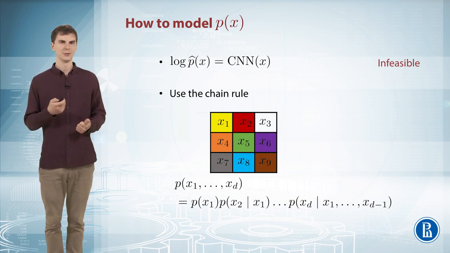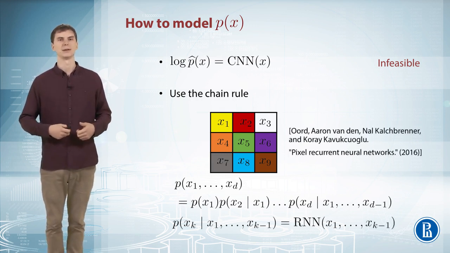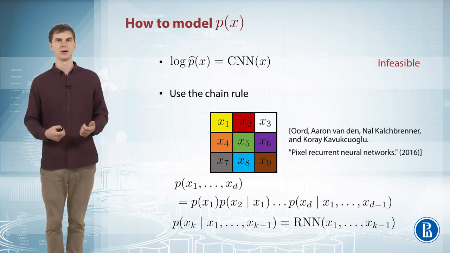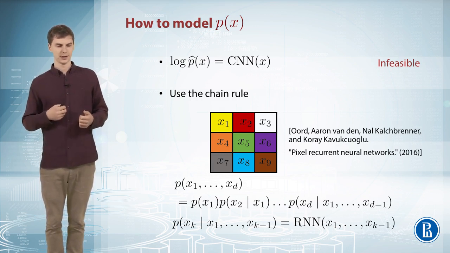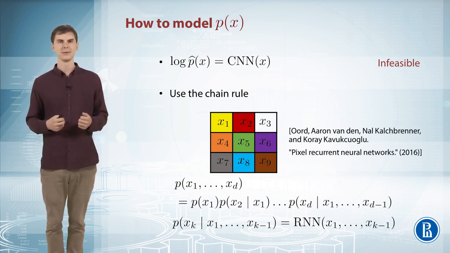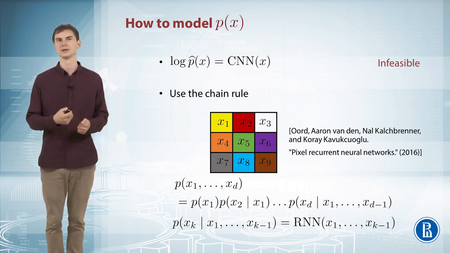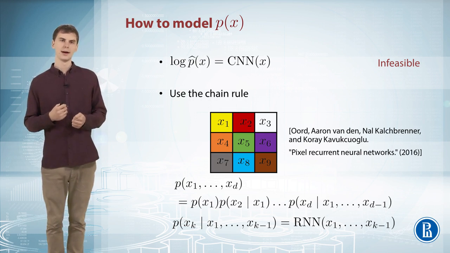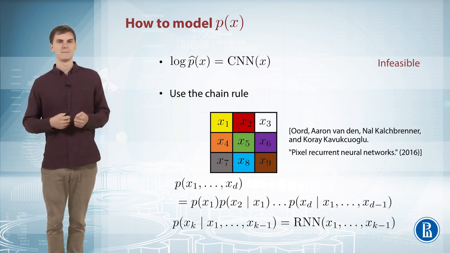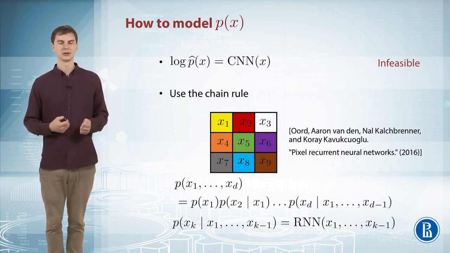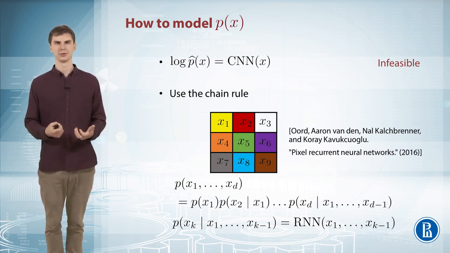And the natural idea for how to represent these conditional probabilities is with a recurrent neural network, which basically will read your image pixel by pixel and then output your prediction for the next pixel, for example, the prediction for the brightness of the next pixel. And this approach makes modeling much easier because now the normalization constant has to think only about a one-dimensional distribution.